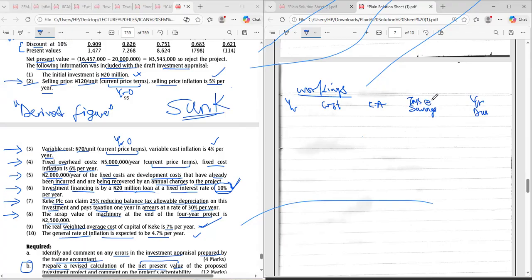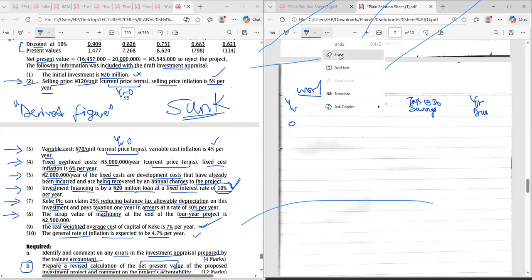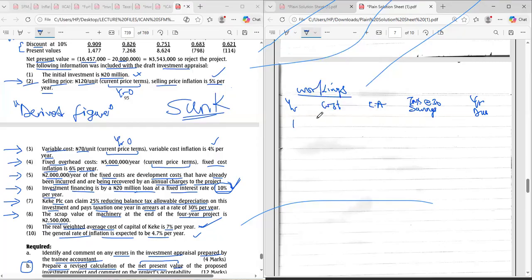So the tax is at 30%. So we can start from year 0. Okay? But since we are not charging tax in year 0, we can just start from year 1. Abi? Just jump 0, leave 0. Year 1. What's the figure? Cost is, how much did we invest in this thing? 20 million. I'm going to say 20,000. Hide the 000, don't worry.